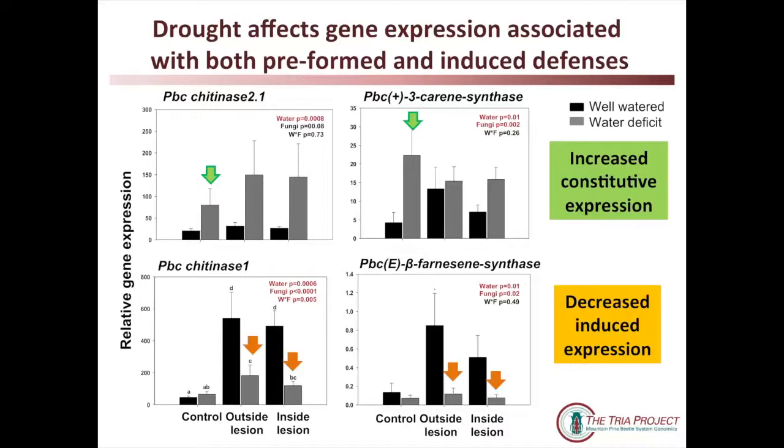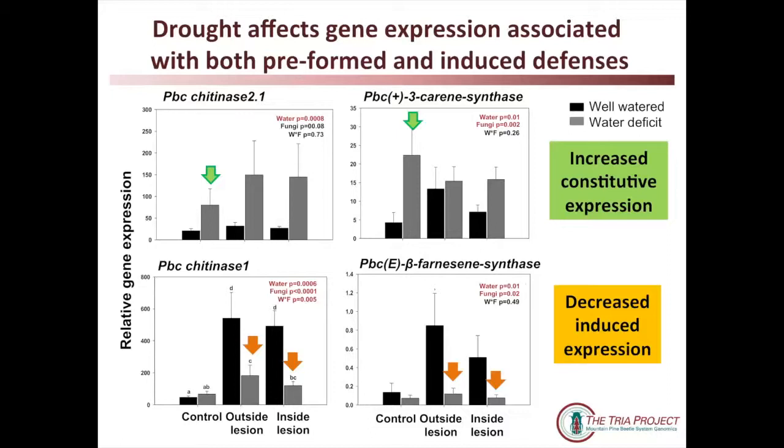But then that response is attenuated once the tree actually is attacked. It doesn't increase over and above what it pretty much did already as a constitutive response. But what we do see is that other genes belonging to the same families actually show a much attenuated response after the tree's been attacked. So the induced response to being attacked just isn't there for some of these genes.